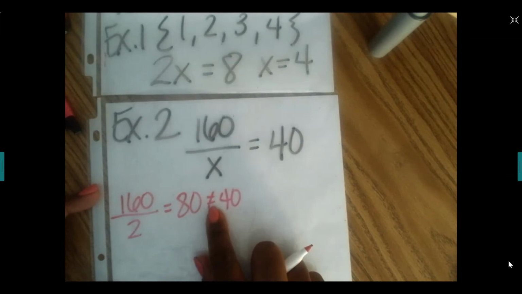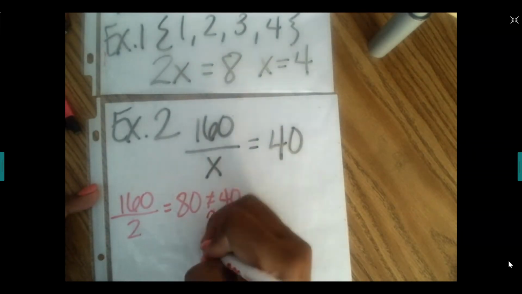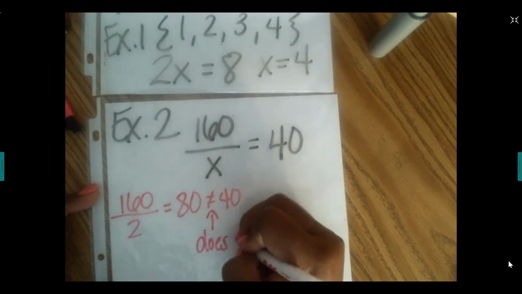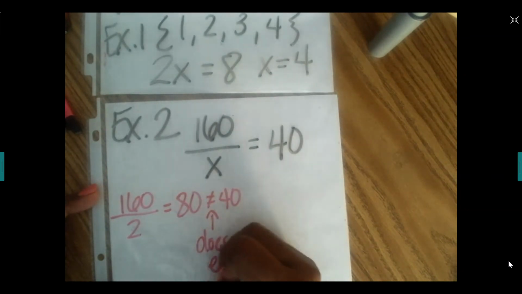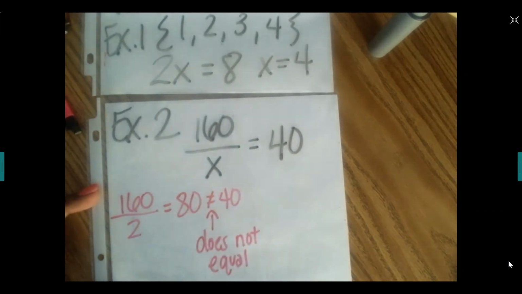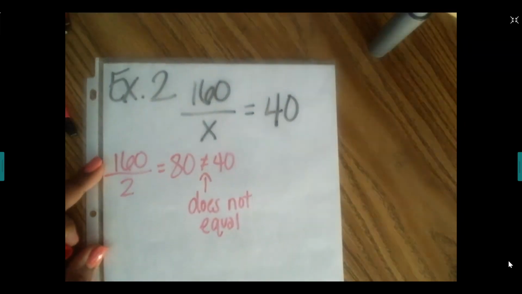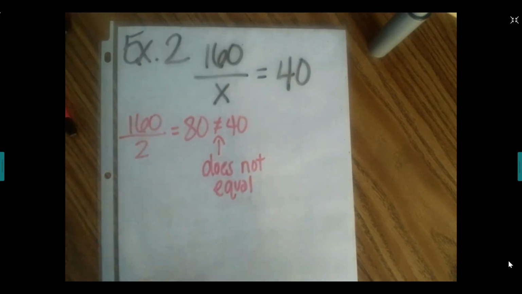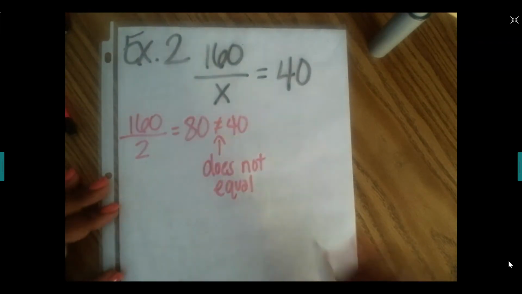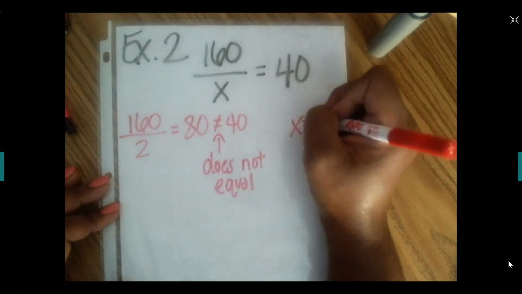And 80 is not equal to 40. Whenever you see, guys, look here. Whenever I see an equal sign with a line through it, that means does not equal. You want to make sure we know that there. Elian, tell me what you're thinking. Yeah, X is 4.